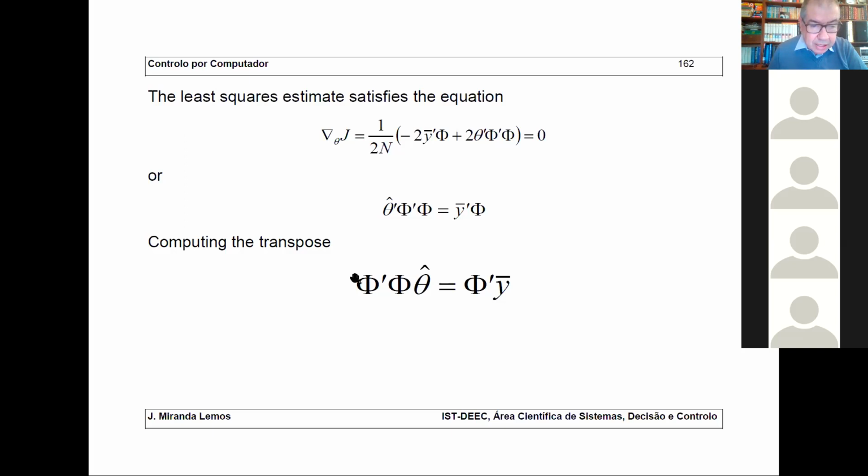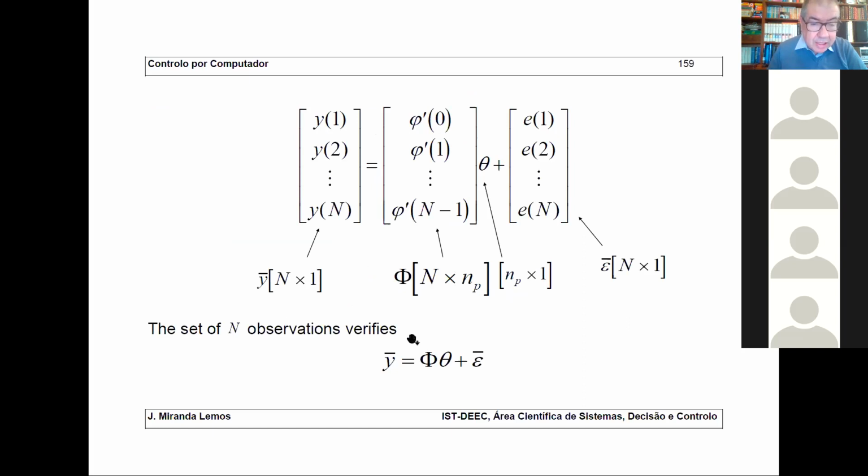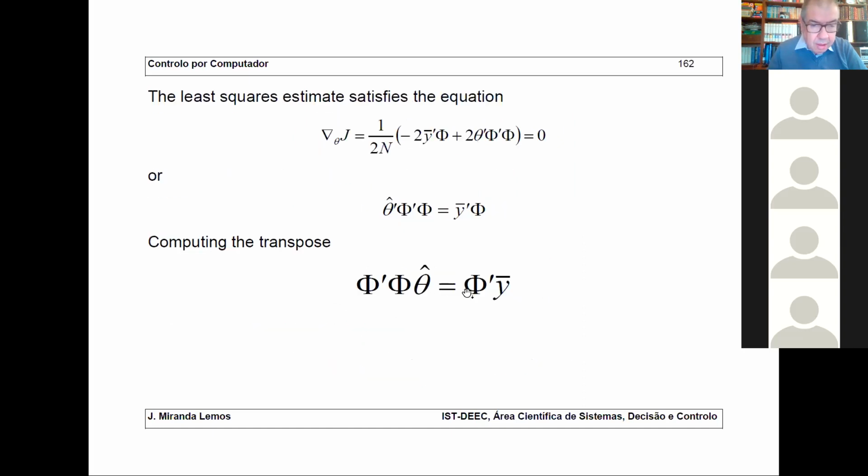I have a matrix, okay? And this matrix is square and with the dimension of theta hat. If you look at theta, theta is n by np, and so this is np times n, and this is n by np, so this is np by np.